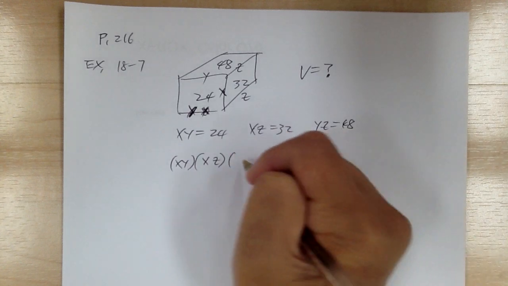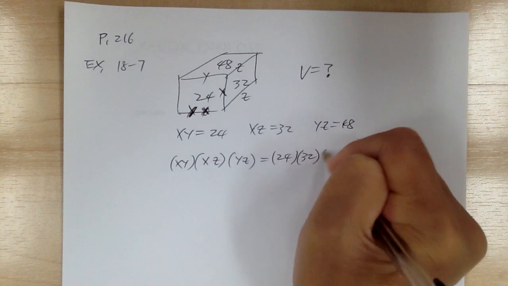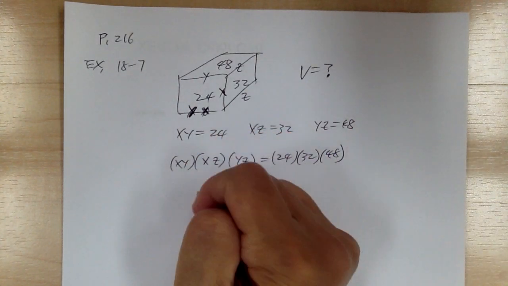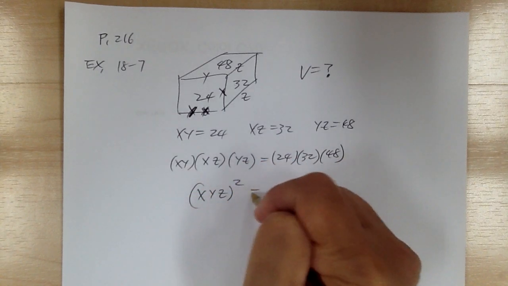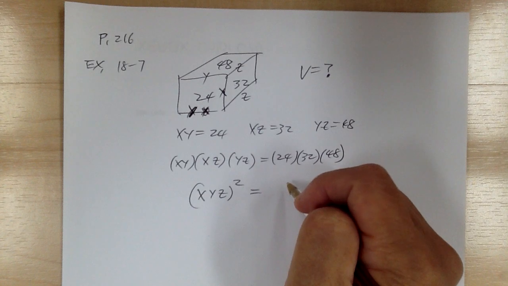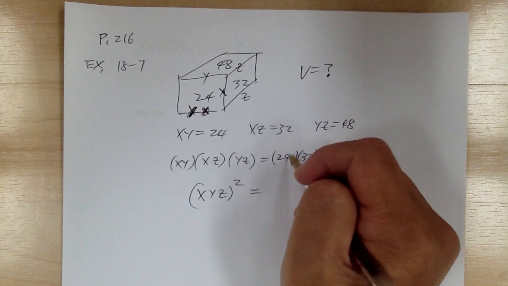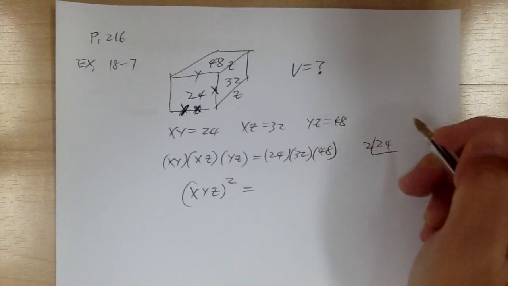So this will equal 24 times 32 times 48, and this will equal xyz squared. And this one you can break down into prime factorization.